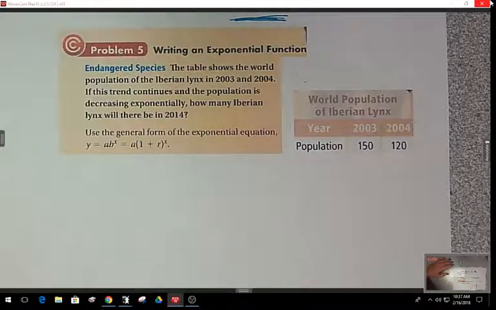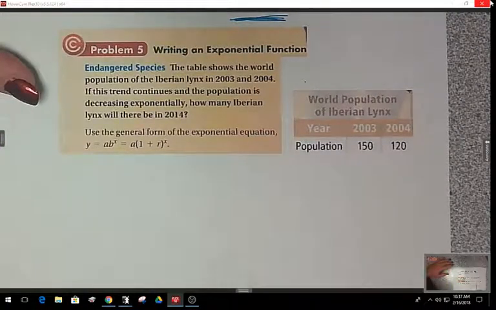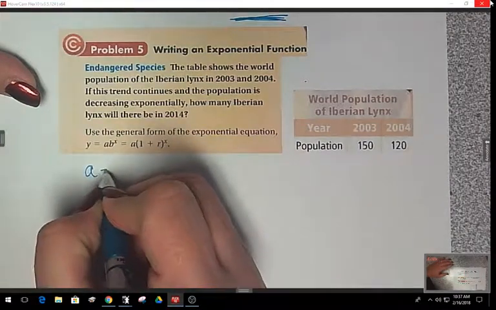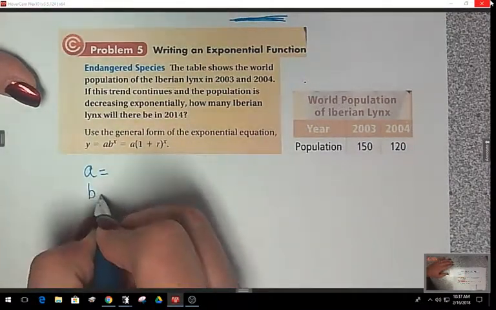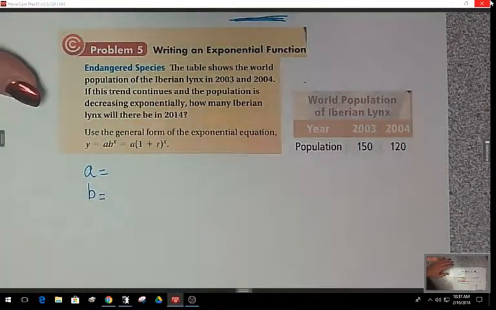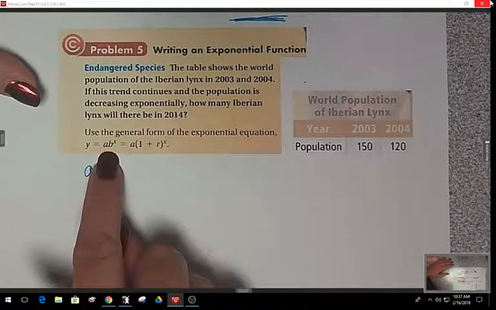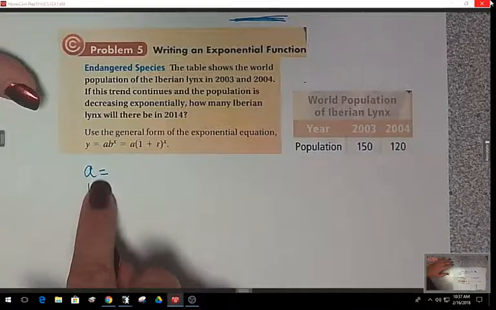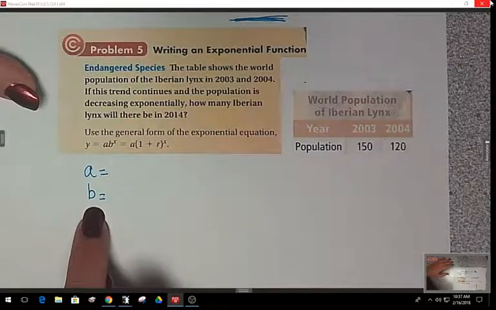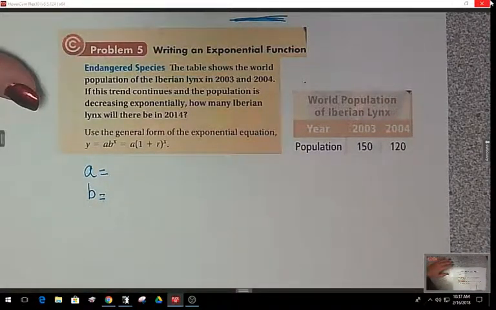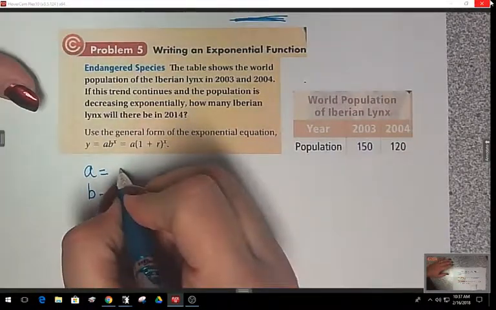All right. So while a couple of you are charging your phones, let's get started on this problem. If I'm going to write an exponential function in the form y equals a times b to the x, I need to know what a and b are. Well, a is your starting amount. So looking at the table they gave me, I started with 150.